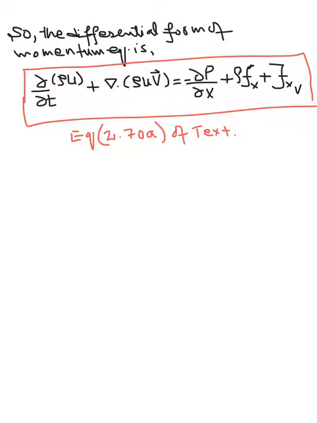Further rearrangement has resulted in this form of the equation. This equation is the differential form of the momentum equation, the x component of it, and it is equation 2.70a of your text. It is my Navier-Stokes equation in the differential form.